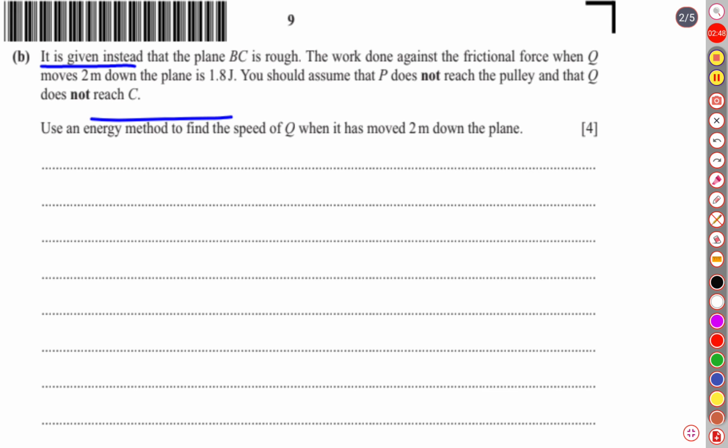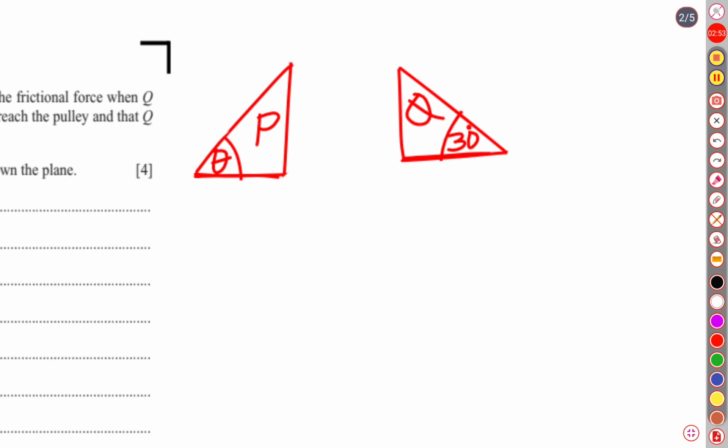So let us find the height. We can assume that these two are the systems for P and Q. When Q was moving down, P moved up. And what was the distance of their movement? It was 2 meters. So this is 2 meters and this is also 2 meters.